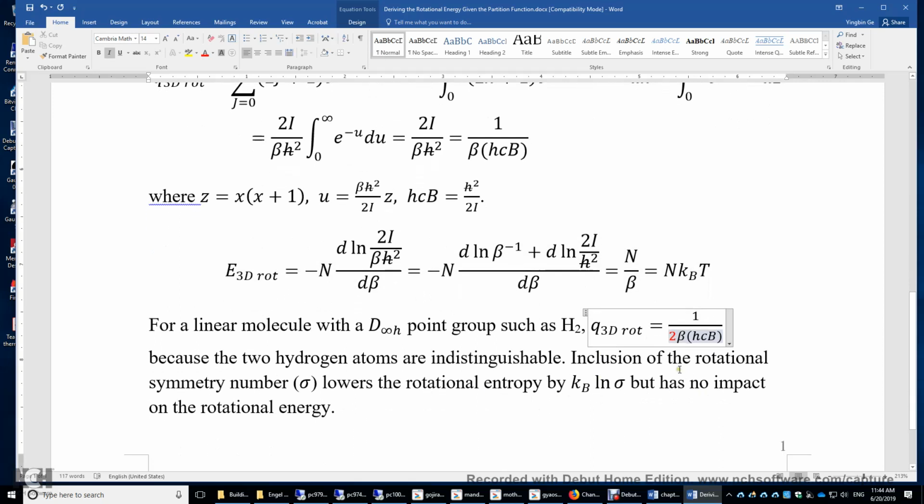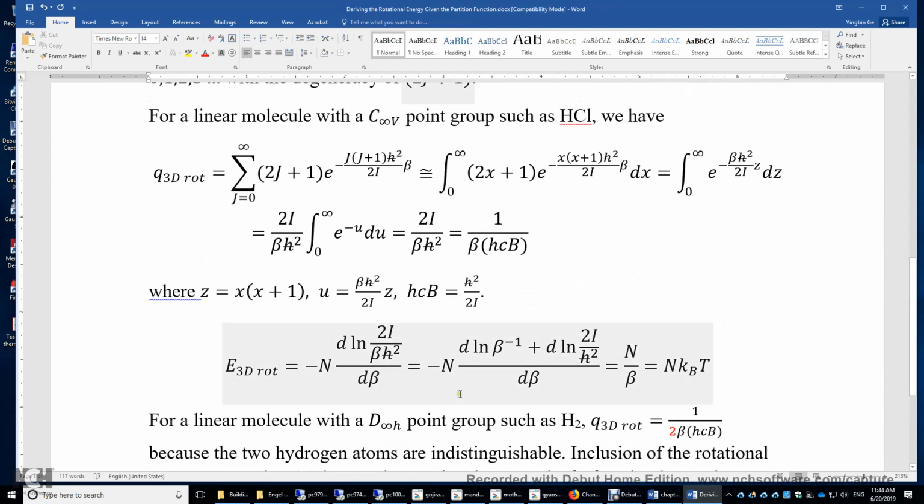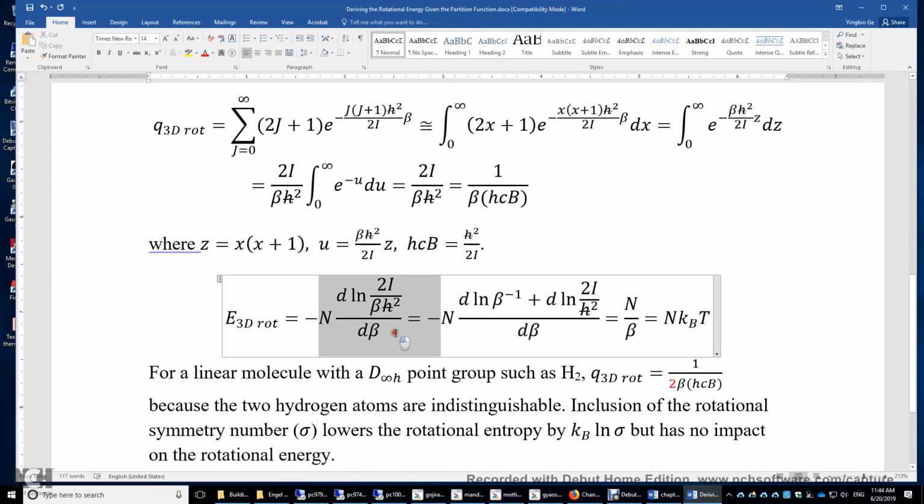But this rotational symmetry number, although it lowers the partition function by a factor of 2, and consequently lowers the rotational entropy by kB times ln sigma, where sigma is the rotational symmetry number, has no impact on the rotation energy because, again, if you look at this expression of rotation energy, if you put 2 here, you simply included a ln 2 here, and again, d ln 2 does not depend on d beta at all.